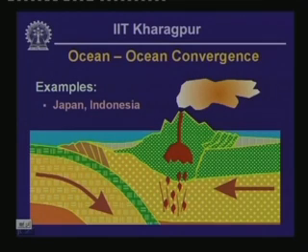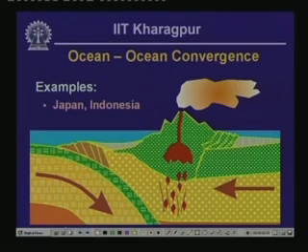Volcanism is typically associated with this type of convergence, and these volcanoes typically give rise to a chain of volcanic islands. In fact these are called island arcs. So this one here is an island arc, because on either side of these volcanoes there will be oceans.